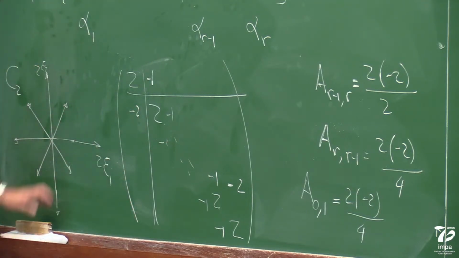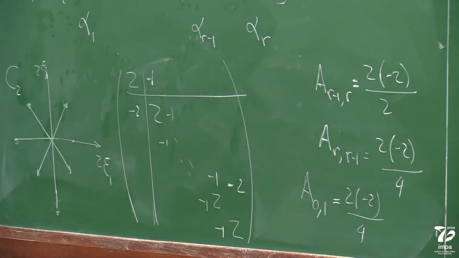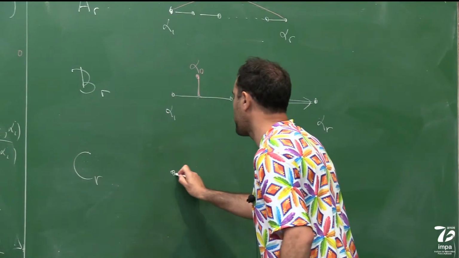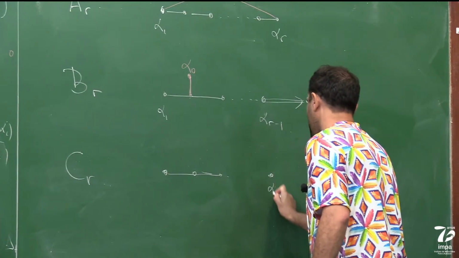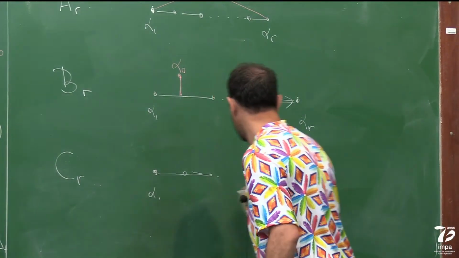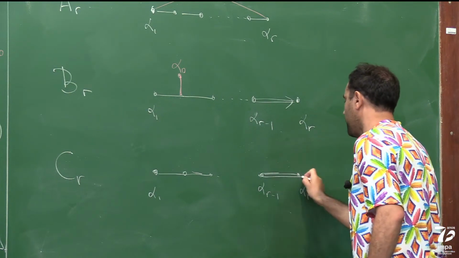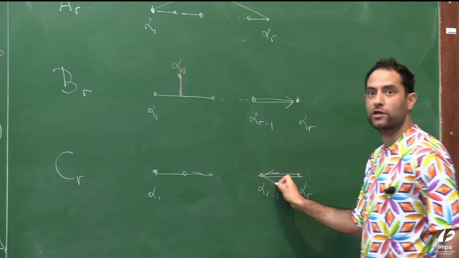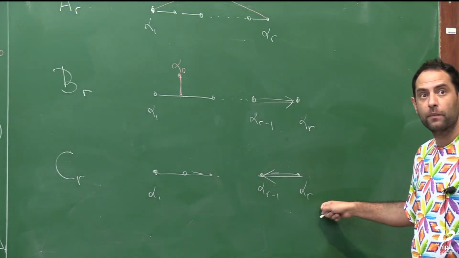Okay? So the Dynkin diagram for C r is very much the same as for B r. The only difference between the Dynkin diagram of C r and B r is that this double arrow here goes in the other direction, because this guy has square length 2 and this guy has square length 4.